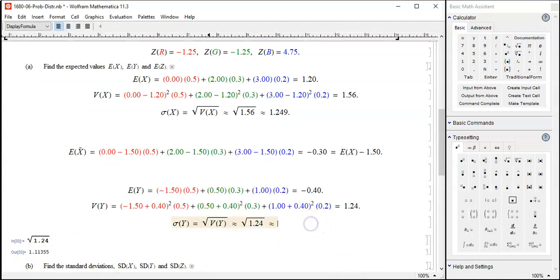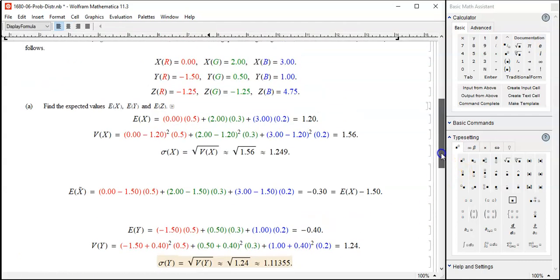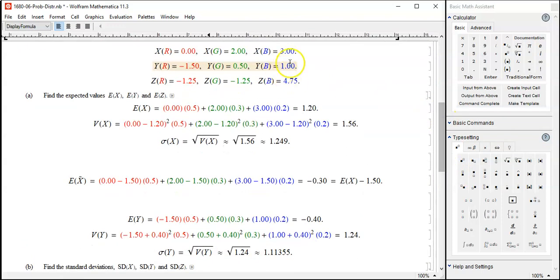Okay, this is what I got. That's the probability standard deviation of the second game. So let's go to the first game and the second game. Comparatively speaking, the first game has a little bit bigger standard deviation, so it's a little bit more dispersed. And the second game has a little bit smaller standard deviation, so it has a little bit more concentration.